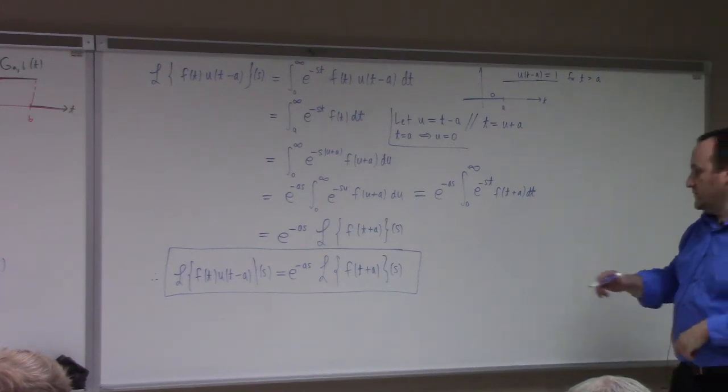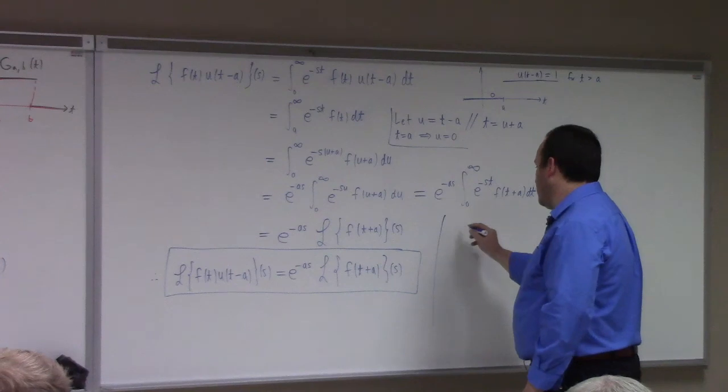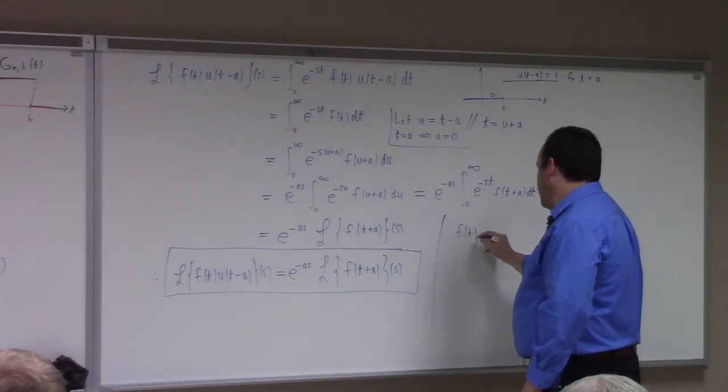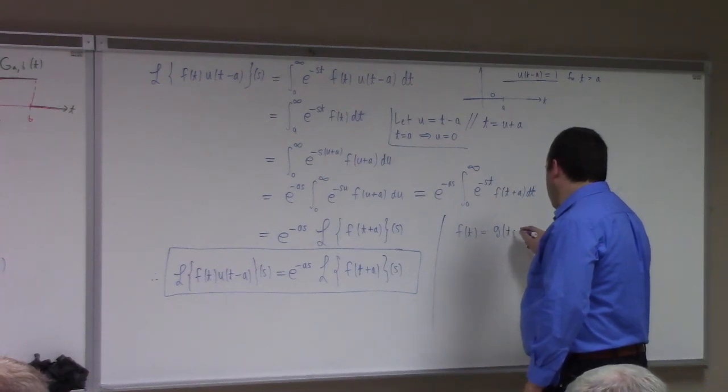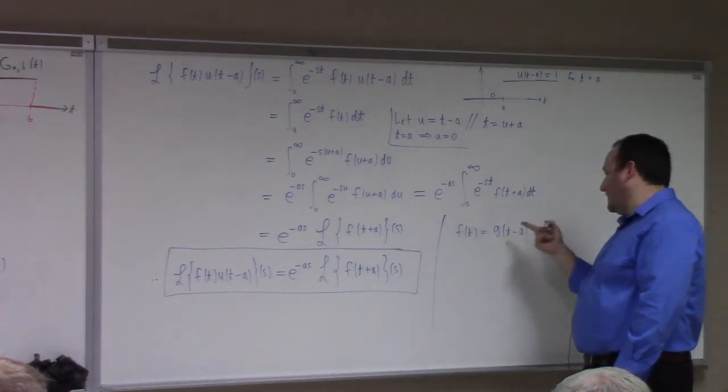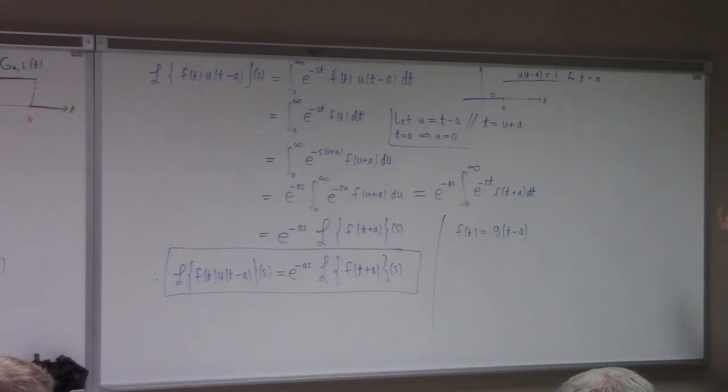Now, it's useful to think about what would happen if we let f of t equal g of t minus a. Suppose we invent a new function g and say g of t minus a is f of t. We can still do this whole derivation.